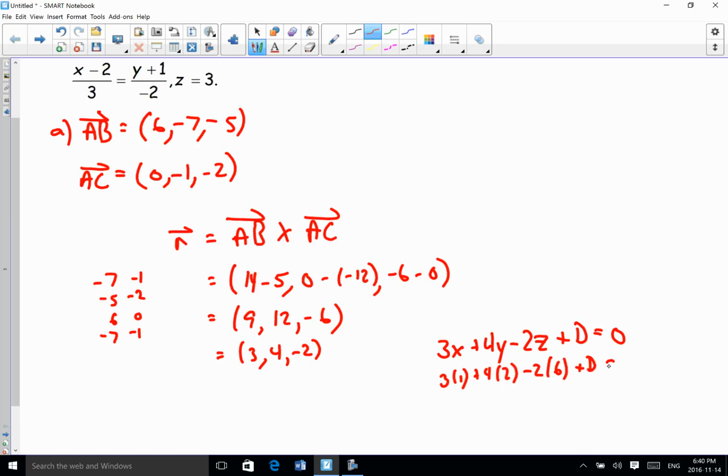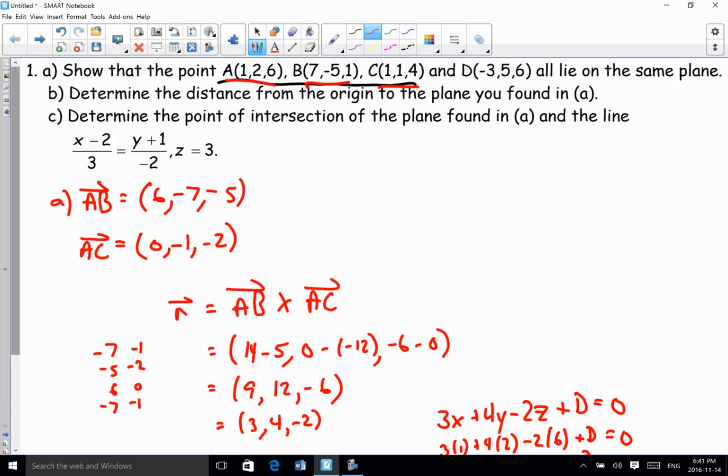And then we're going to solve this. So we'll get 3 plus 8 minus 12, which is -1. So the d is 1. So our Cartesian equation of this plane is 3x plus 4y minus 2z plus 1 equals 0. That's the plane that points A, B, and C lie on.